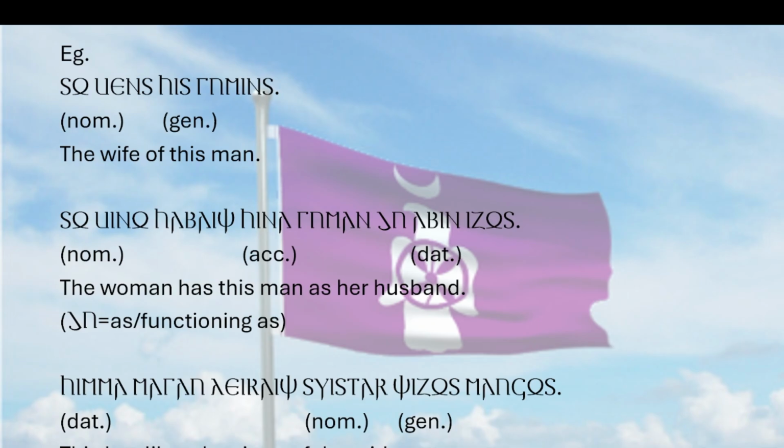The girl's word is in the genitive case because it belongs to swistar. So when something belongs to something, that something which is being belonged to uses the genitive case. So this boy likes the sister of that girl. So here are just some examples on how declension works, especially declensions for the definite articles.